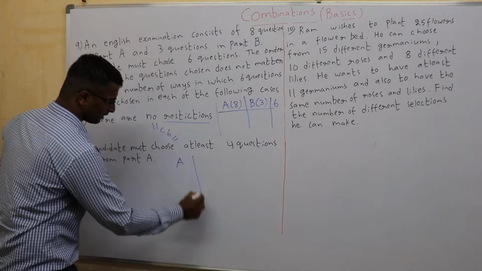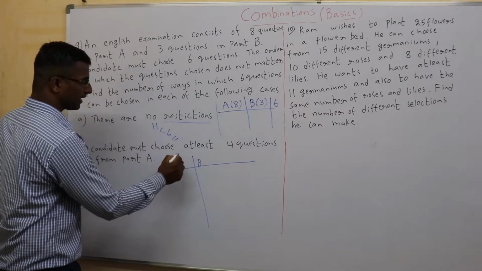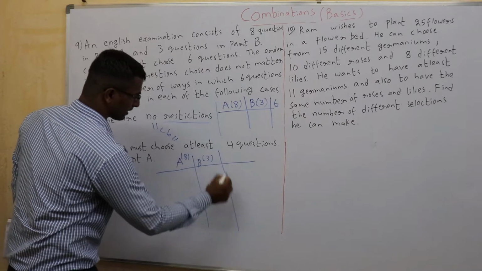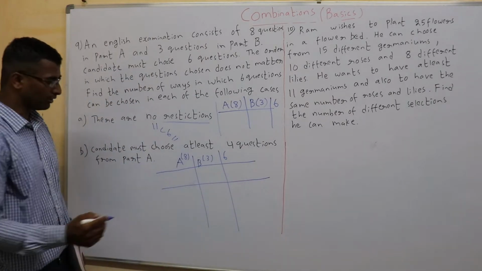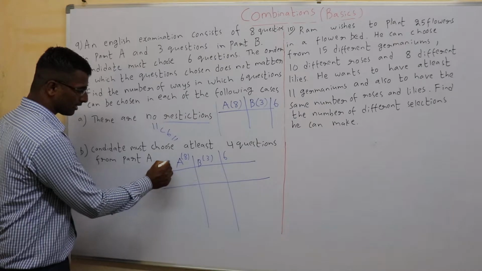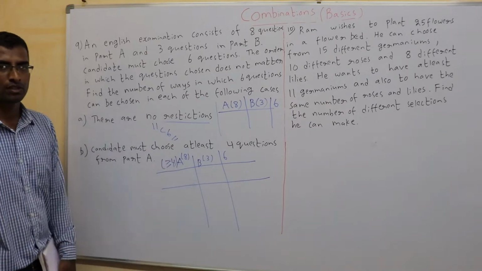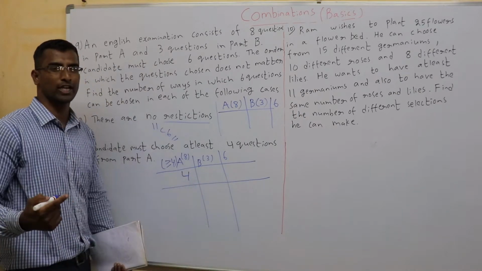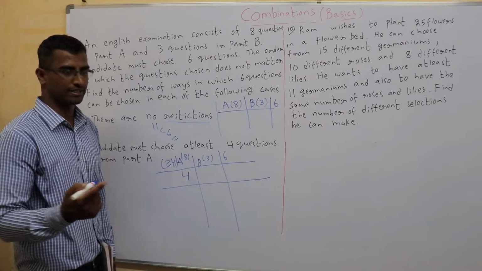So A, B. In A there are 8 questions, in B there are 3, and you need to select 6. At least 4 questions means the condition is greater than or equal to 4 from part A. If I select 4 questions from part A, how many should I select from part B such that the total becomes 6?